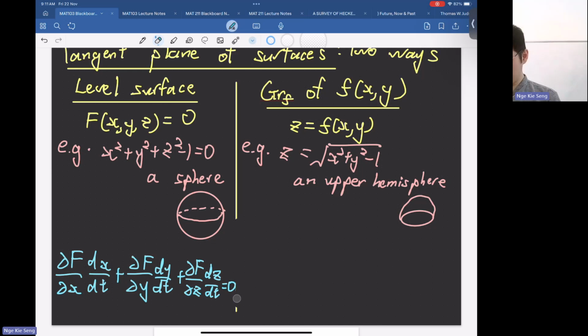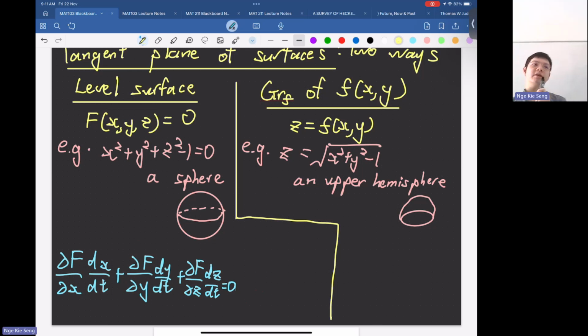This gives you the tangent plane, but how do I obtain this formula at first? This is from the implicit function theorem. Now you can see that there's an extra variable t here. Where does this t come from?